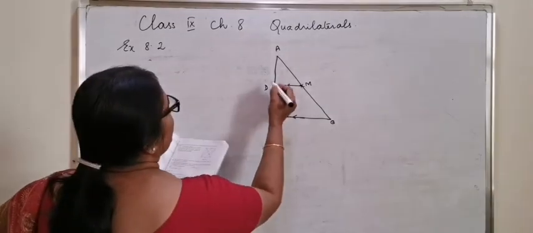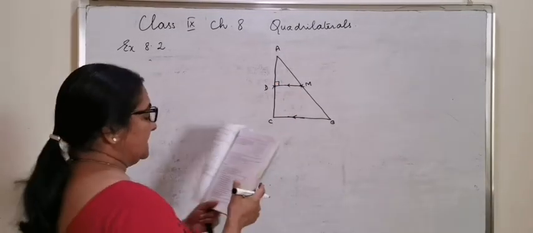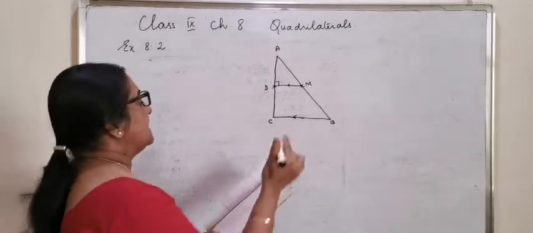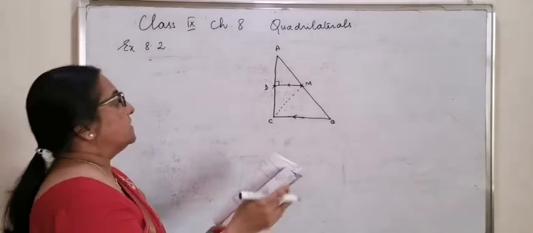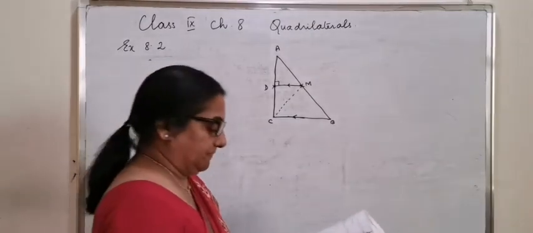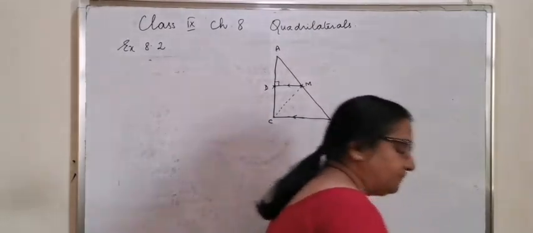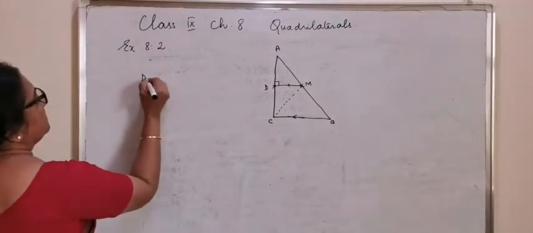MD perpendicular to AC. We have to prove that this angle is 90 degrees. CM is equal to MA is equal to half of AB. So, let's start with the proof directly. Proof.